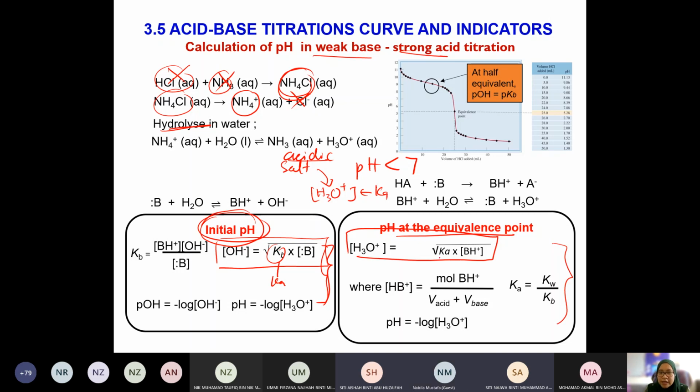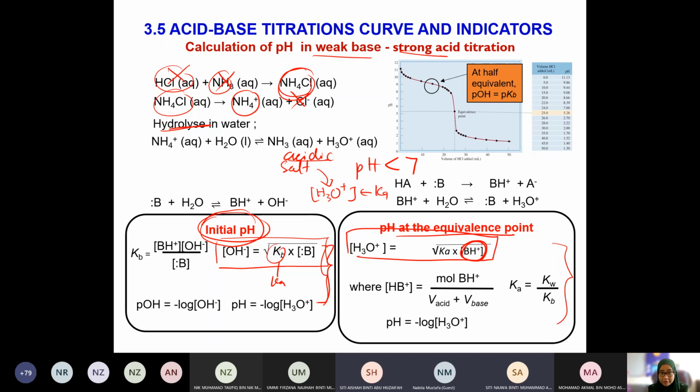But one thing you have to be careful about is the concentration. Normally it's Ka times C, but the C here has slight changes that you have to be careful about. Let's differentiate: last time, when we learned individual acids and bases, the concentration was already given to us, not in terms of moles, so we could just insert it into the formula.